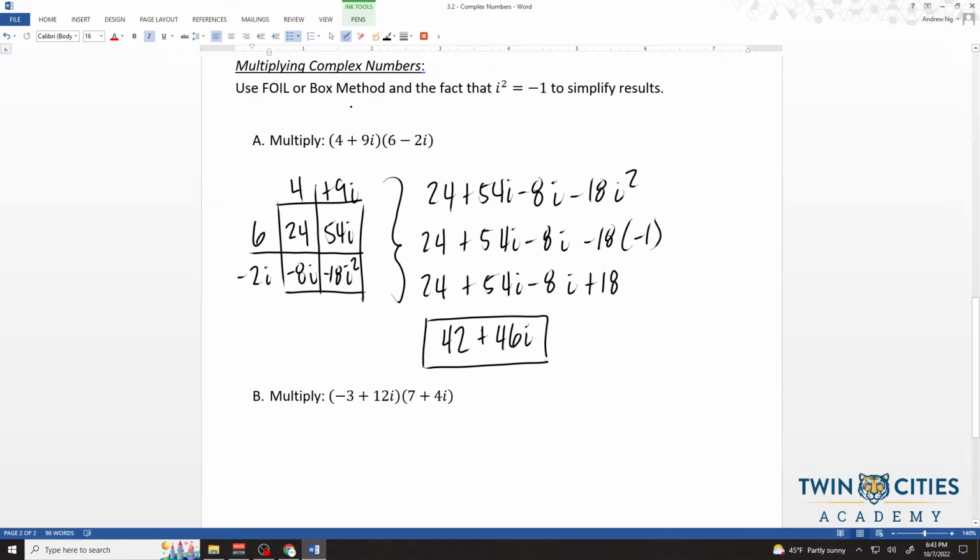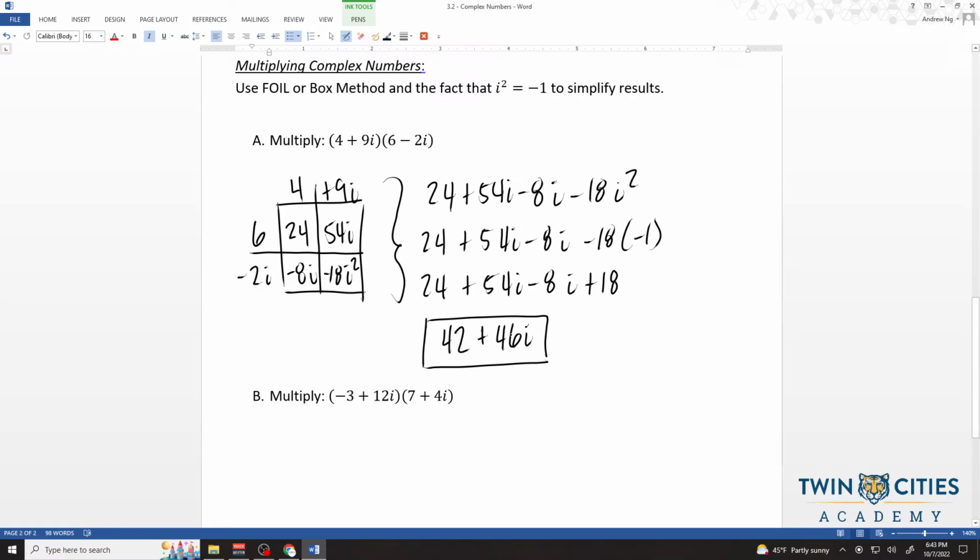So multiplying these two complex numbers got us an i squared here, but I don't want to leave my answer with an i squared. I want to remember that i squared is negative 1, and then go through the process of simplifying this and combining like terms to make sure that you've done all that you can here.